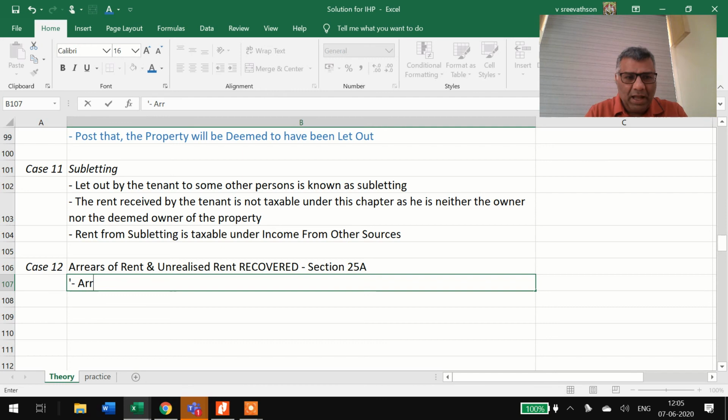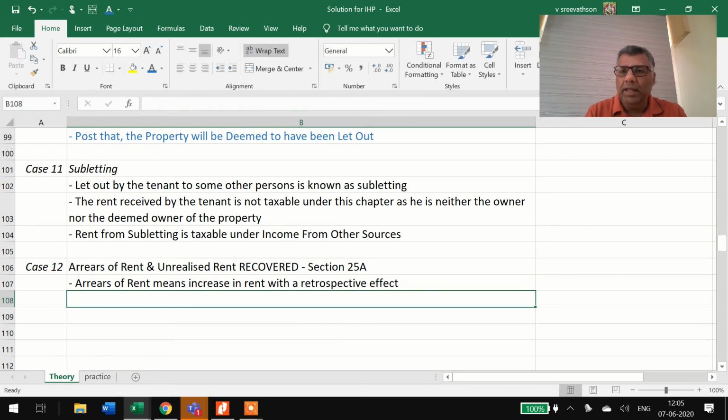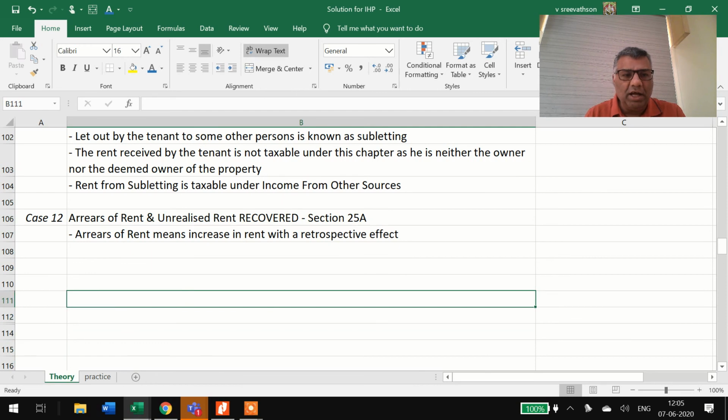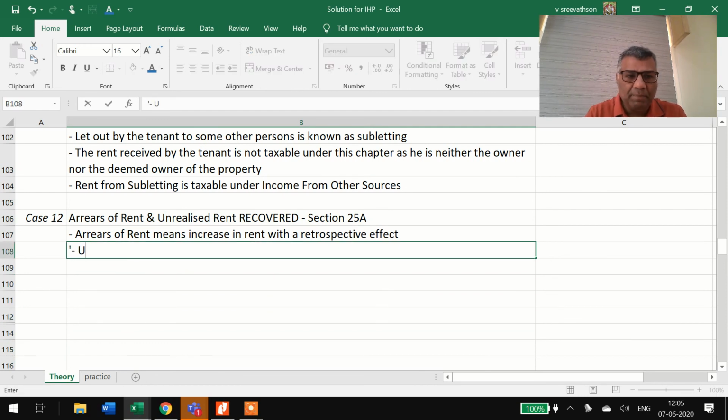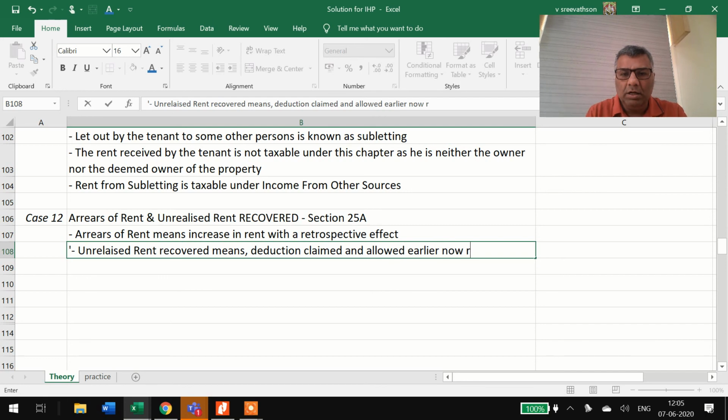Arrears of rent means increase in rent with a retrospective effect. Unrealized rent recovered means deduction claimed and allowed earlier, now recovered.